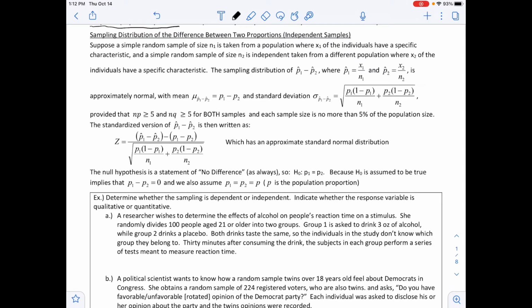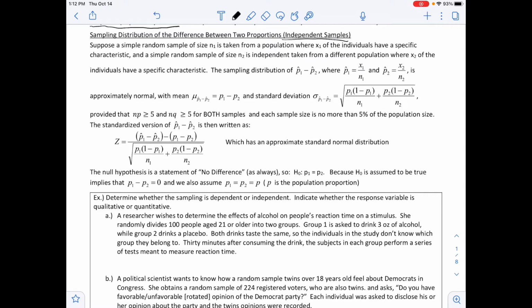And this is for independent samples. Suppose a simple random sample of size n1 is taken from a population where x1 of the individuals have a specific characteristic, and a simple random sample of size n2 is independently taken from a different population where x2 of the individuals have a specific characteristic.